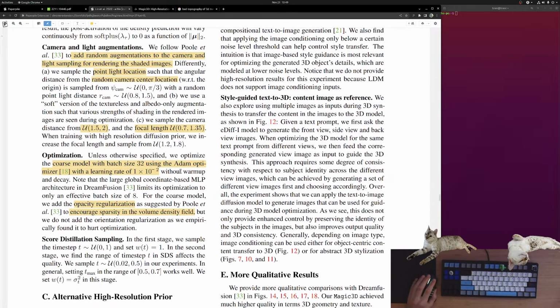And this is actually doubly good for them because they have their whole hash octree structure that makes it more efficient to render depending on how much empty space there is. So by adding a regularization that encourages sparsity, you're going with the strength of having this octree that makes it better the more sparsity there is.